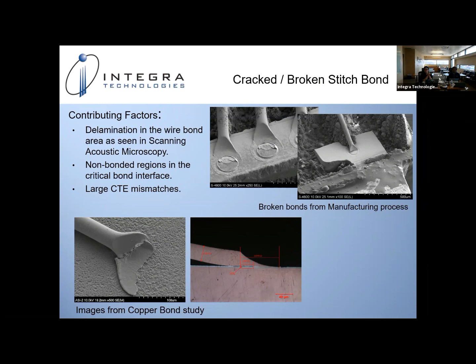That moisture seeps into the package and causes your corrosion effect with the copper. In the case of gold, there's no such chemical reaction going on. In the case of copper, there is. And so delamination is one cause of it. A non-bonded region in the critical bond interface is another. A CTE mismatch between the gold wire and the pad is another reason for having cracked or broken stitch bonds.